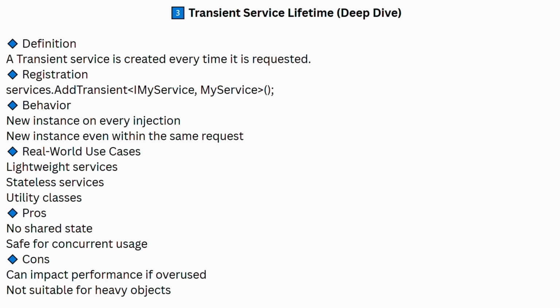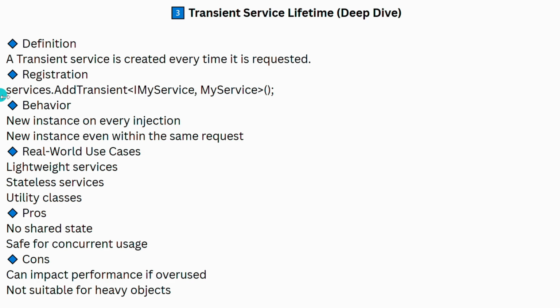Every time your service is used, it will create a new instance. We will see in coding, in Visual Studio, clearly how this works. Then you will have a clear understanding of the difference between transient, scoped, and singleton, how transient manages its state, and how it creates objects at different times.